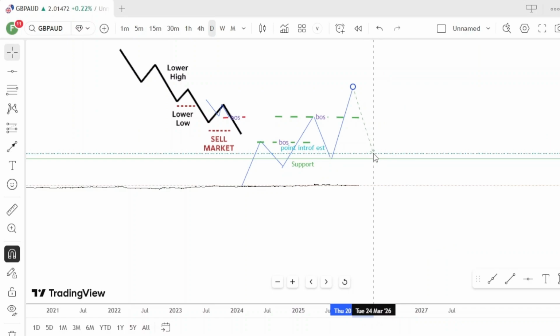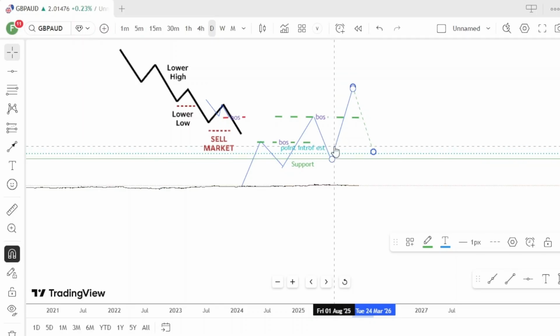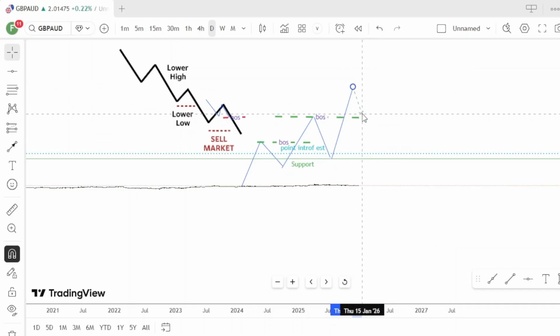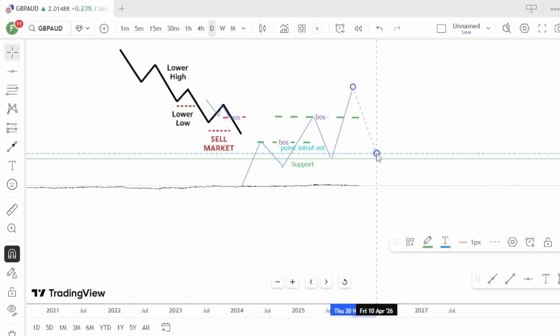That zone is called the point of interest, which is clearly where price reacted from. There's always a clue. When I go on the chart, I'll be able to explain better. We call it an imbalance zone. This zone here was able to break the structure. So in most cases, price reacts back to that zone.